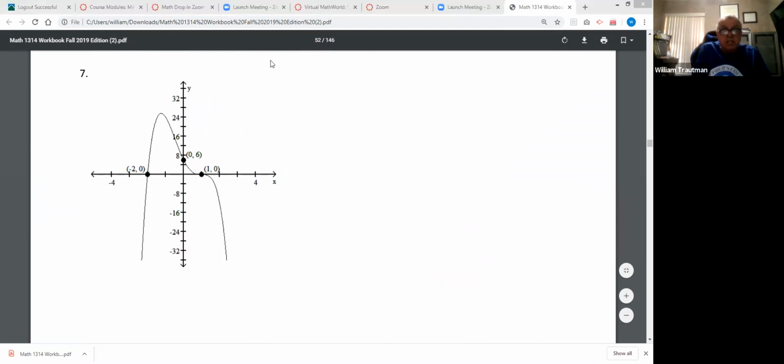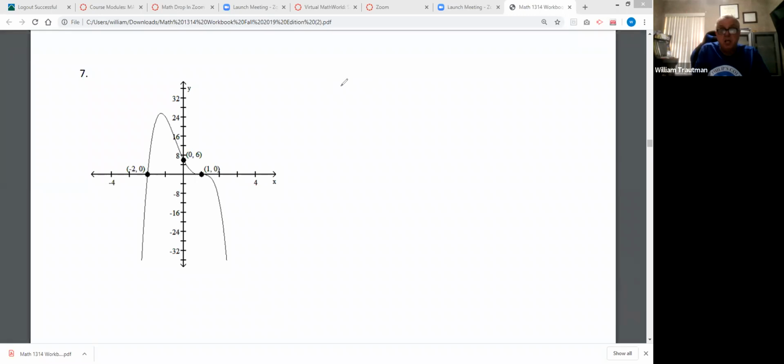So if we look at the zeros, can somebody tell me what the zeros are? The x-intercepts. These are the x-intercepts. Those are the first things we write down. The x-intercepts are x equals negative 2 and x equals 1.